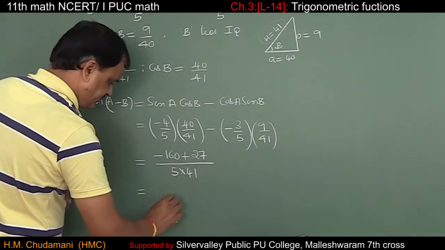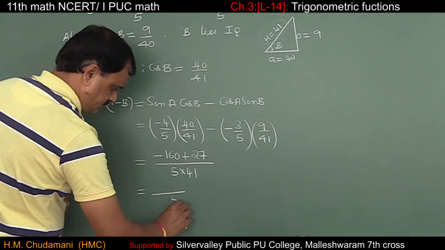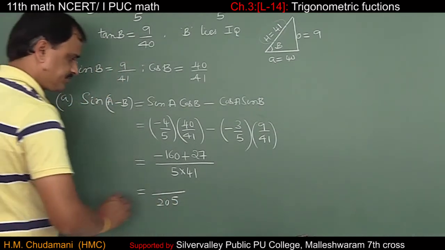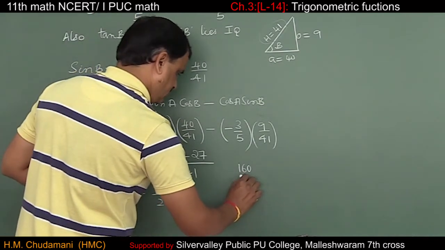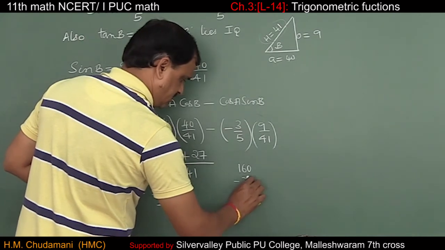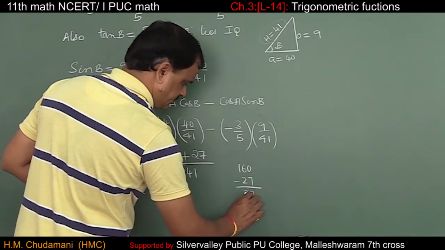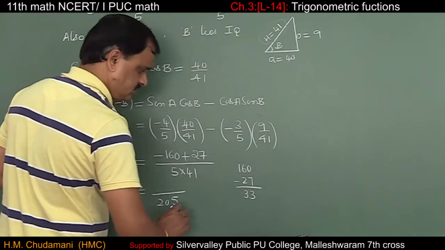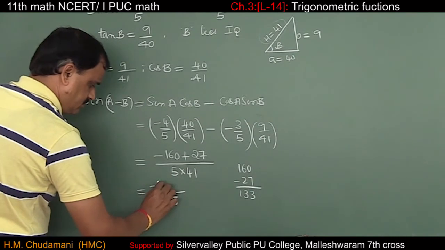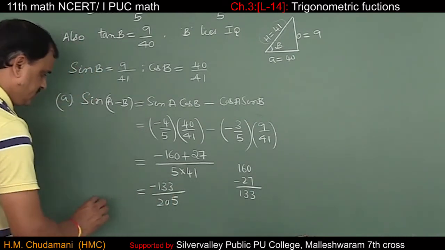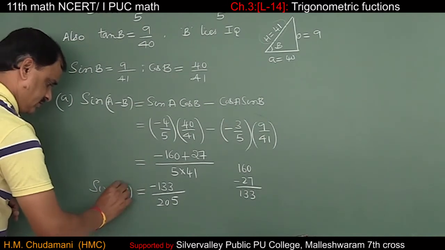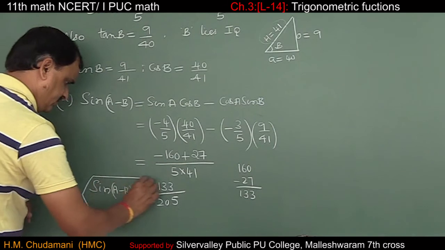So what is the difference? 205, 160 and 27. 160 minus 27 is 133, minus 133, you know. So sin of A minus B is negative.